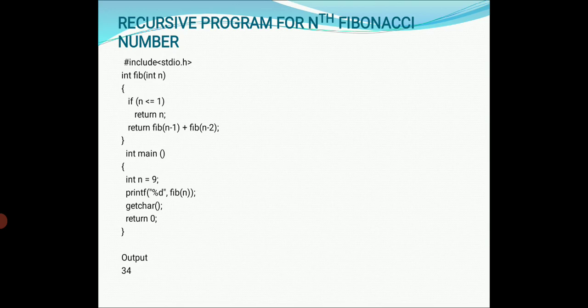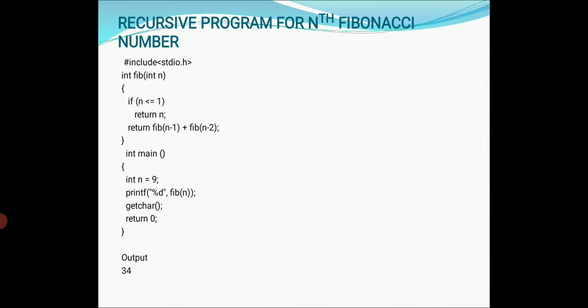Then the opening block, first it checks the condition: n is less than or equal to 1. If that condition is true, return n. Or else the recursive function calls return fib(n minus 1) plus fib(n minus 2). The function is executed repeatedly.